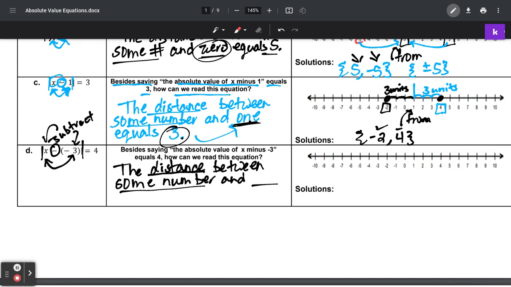If you subtract x and -3, so the distance between some number and 3, guys, not 3, -3, I'm sorry. That's a -3. If you find a distance between some number and -3, it should equal 4 in this particular case. That's what that statement says.